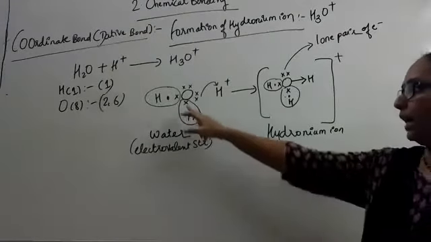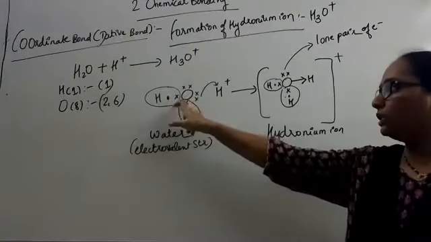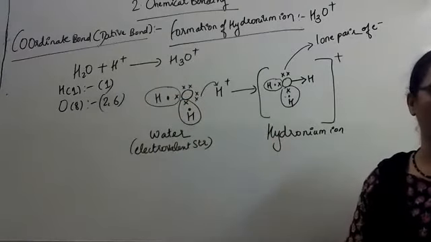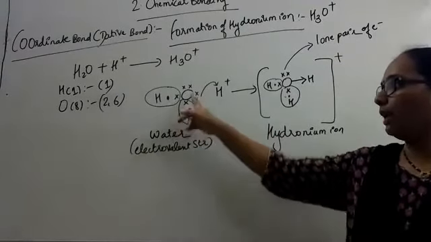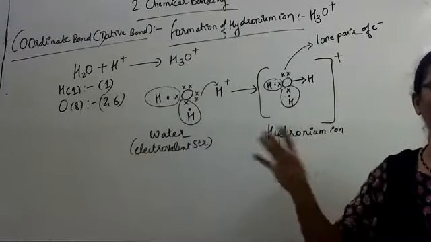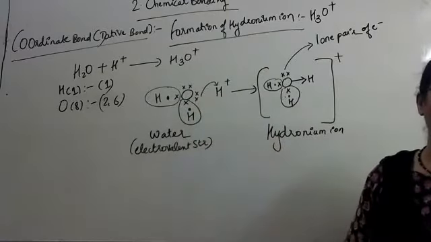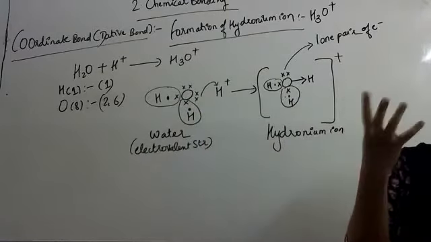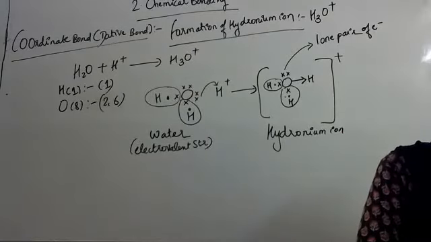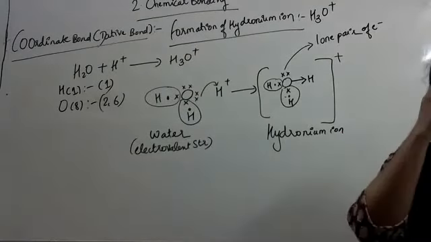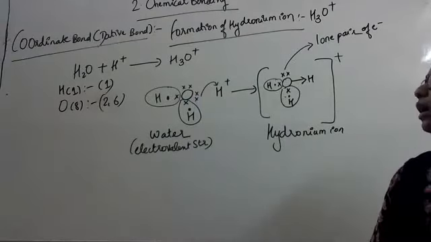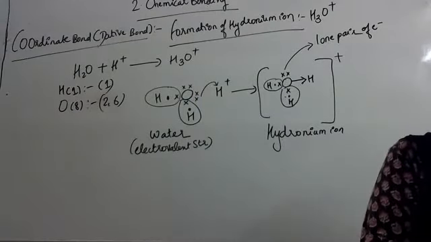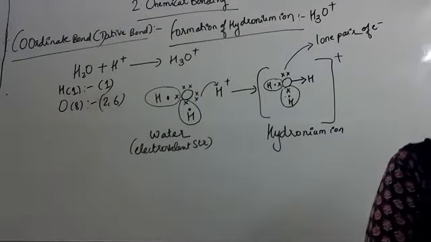Here you have seen that oxygen is doing all the sharing part. Hydrogen is also there, oxygen is also there, but the sharing is done by only oxygen. So one atom takes all the load of sharing the electrons. The bond that is formed in such a case is called a coordinate bond or a dative bond.